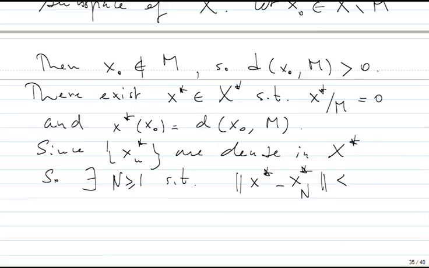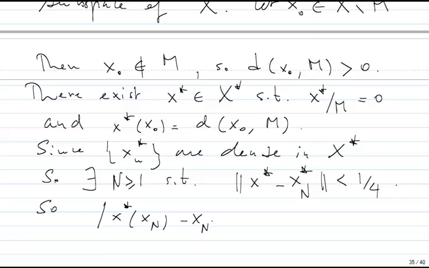So x star of xn minus xn star of xn is less than or equal to the norm of x star minus xn star times the norm of xn, but the norms of xn are all equal to 1, which is less than 1/4.